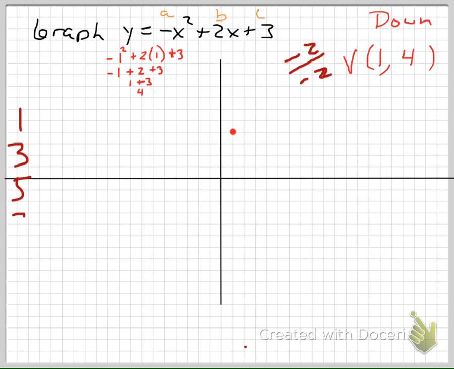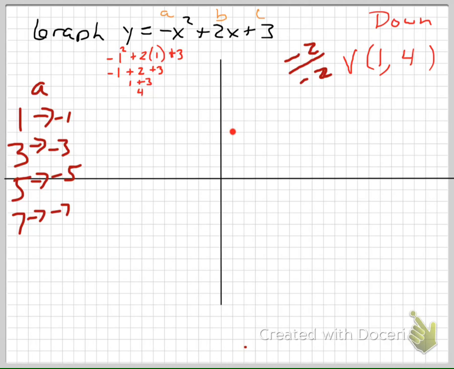We're going to take our 1, 3, 5, 7, and we're going to multiply them by a, which is negative 1. And so our 1, 3, 5, 7 becomes negative 1, negative 3, negative 5, negative 7.